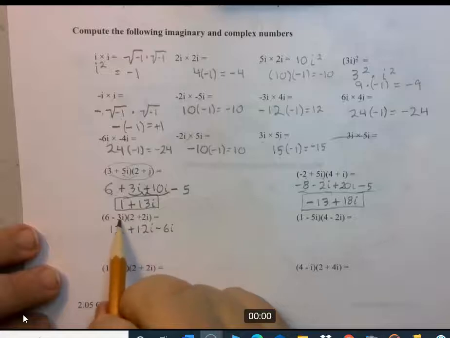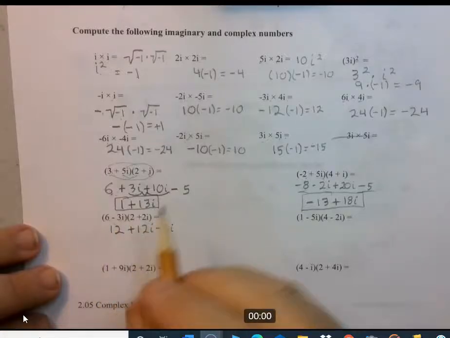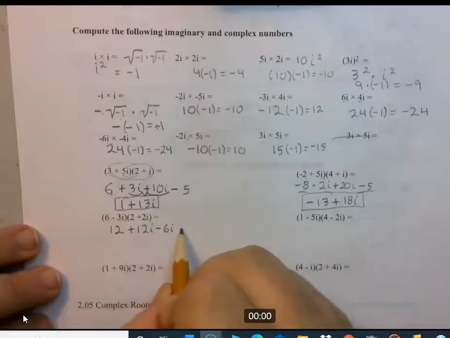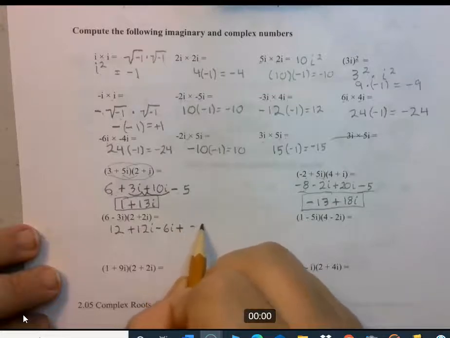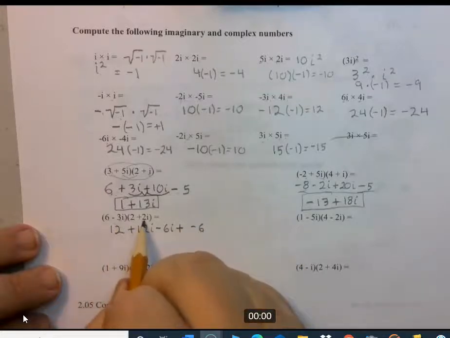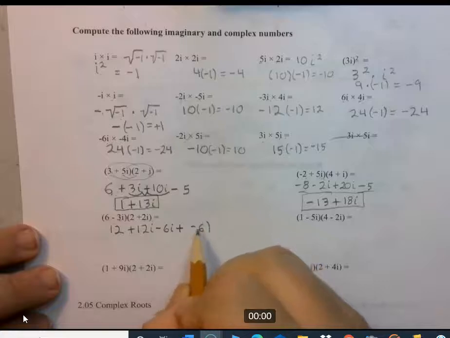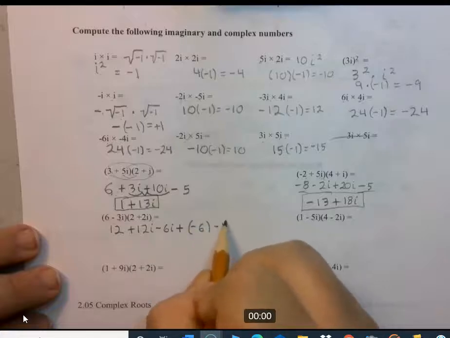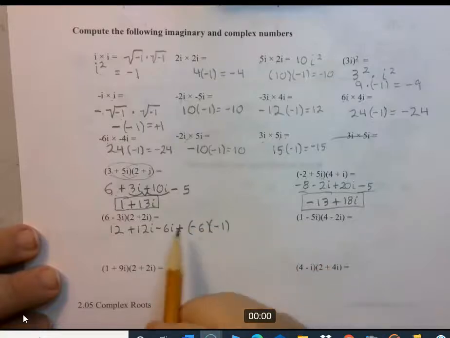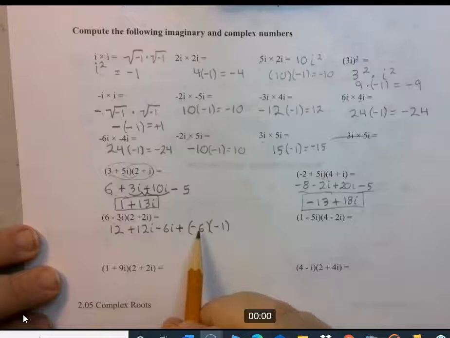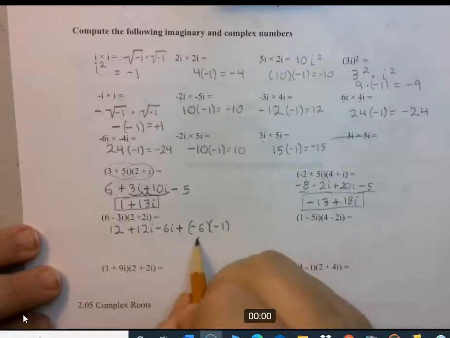And, okay, here we go. Watch out. Negative 3 times 2 is negative 6. I'm going to put a plus sign here. Negative 6 is negative 3 times 2, and then i times i is negative 1. So I put the plus sign there just to be neutral. So I had a negative 6, and i times i is negative 1. That's positive 6.